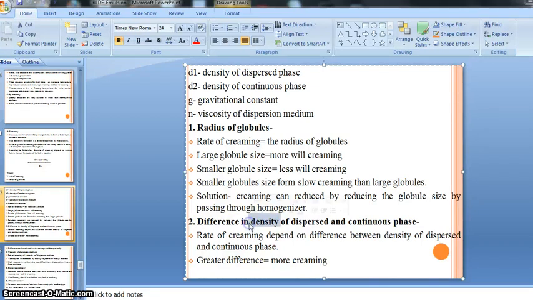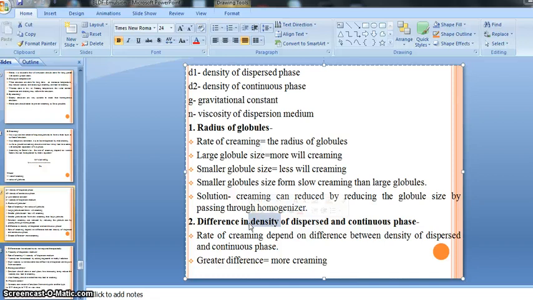Simply, you can understand density as the weight of our dispersed phase and continuous phase. You know that all things have some weight. So density of dispersed phase and density of our continuous phase means the weight of our dispersed phase and the weight of our continuous phase.